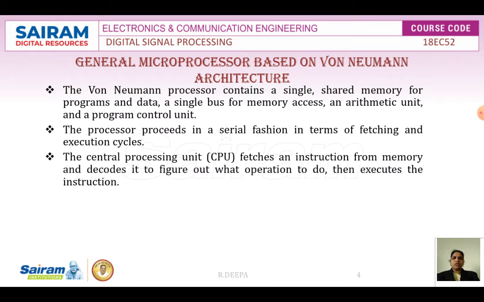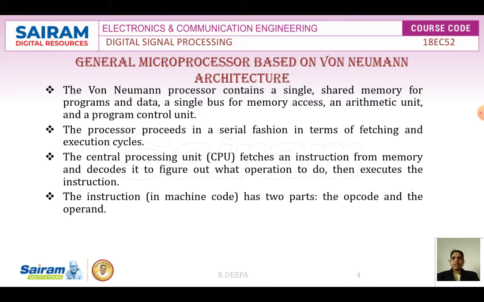So these are the things we have discussed just now. It consists of the program memory, arithmetic unit, program control unit, and as I told, the processor is going to fetch each and every instruction in a serial way and execute it in a serial manner only. Because of this, the speed of the processor is very less.